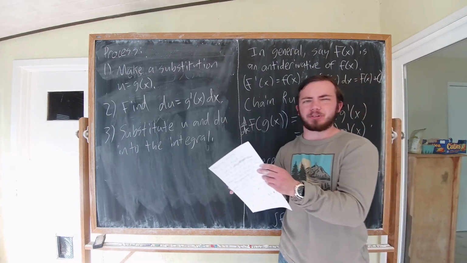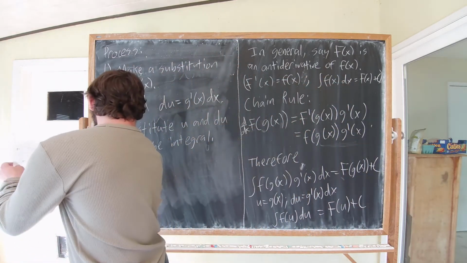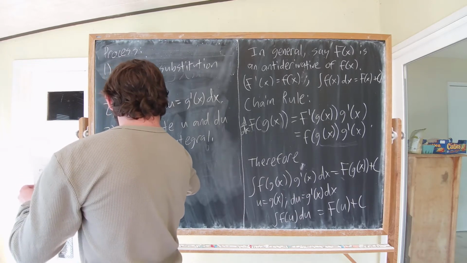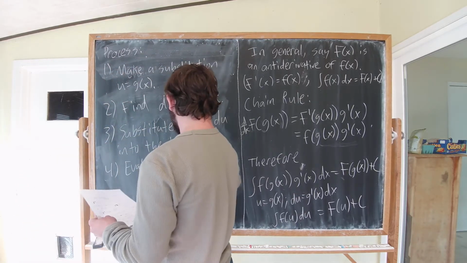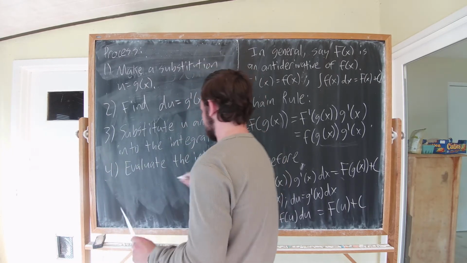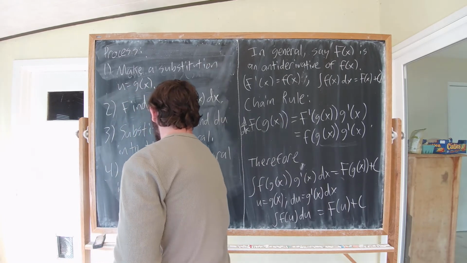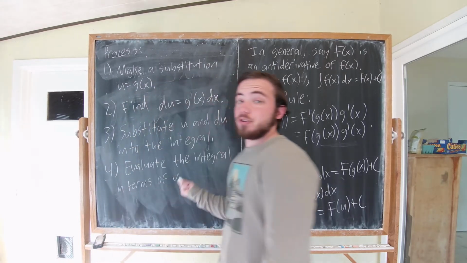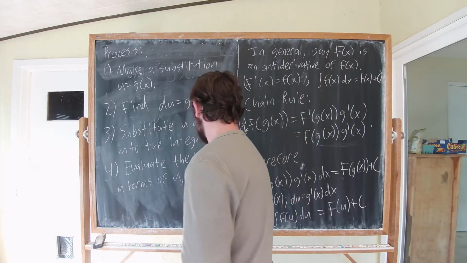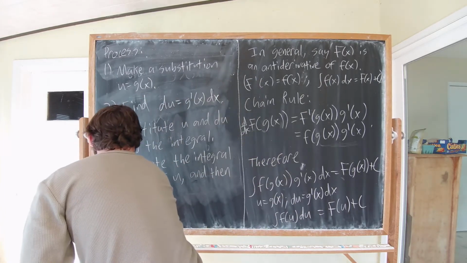So that's one way to know you're making proper choices. And step 4, you evaluate the integral in terms of u. So you just do the resulting integral in u that's given to you, and then convert back to x.